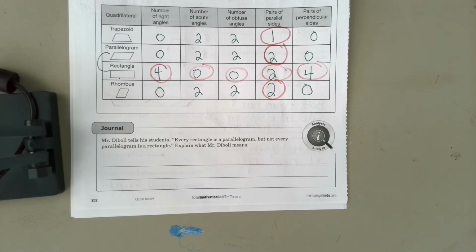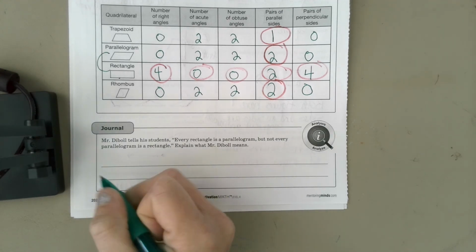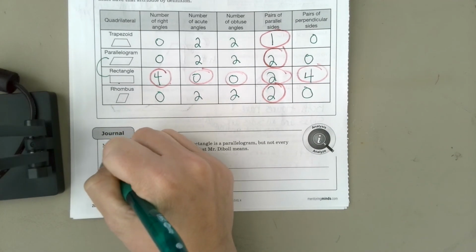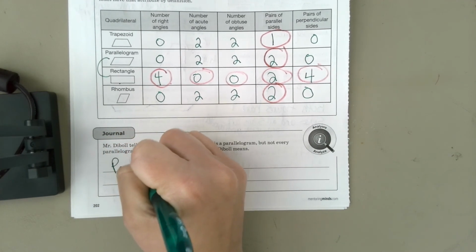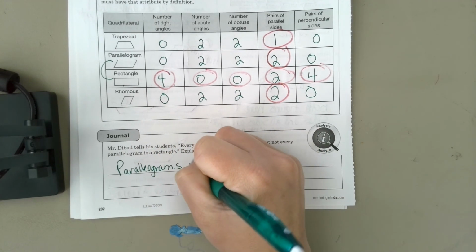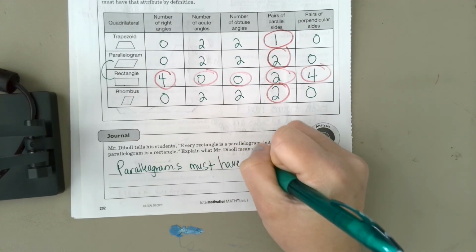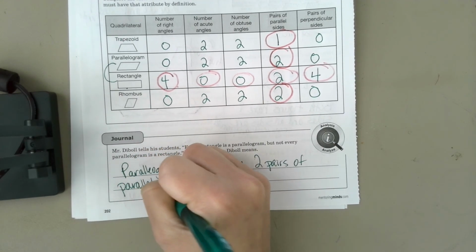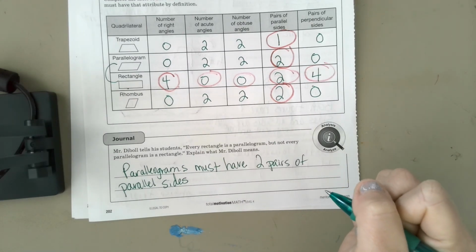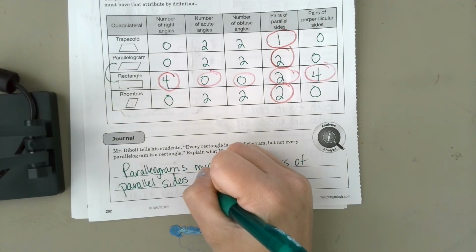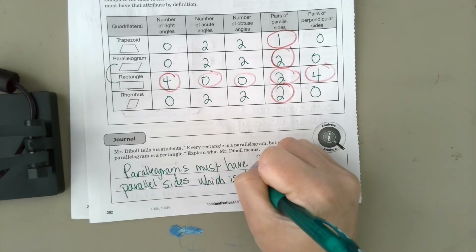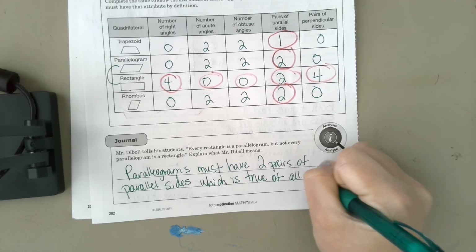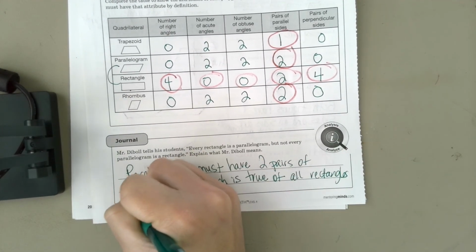All right, so I definitely don't want you to think yours is wrong if you don't necessarily have exactly what I have, but it should say something along the lines of: parallelograms must have two pairs of parallel sides, which is true of all rectangles as well.